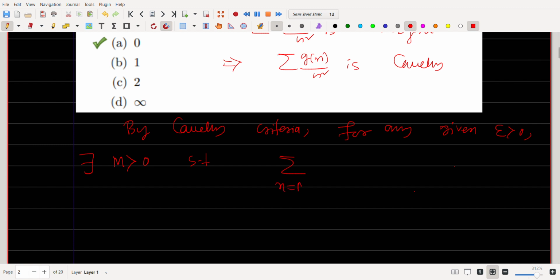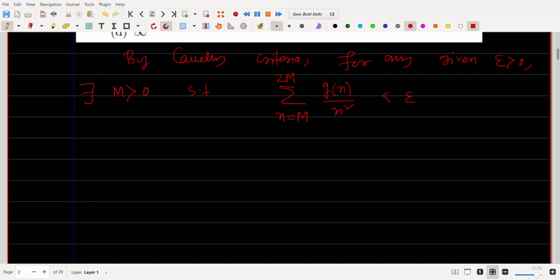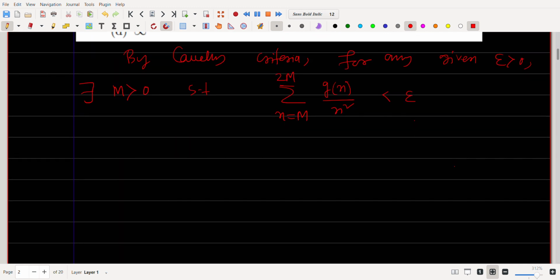the summation for small n equal to M to capital N of Gn by n square will be less than epsilon, right? So let's observe the sum actually. The summation for n equal to capital M to 2M of Gn by n square.